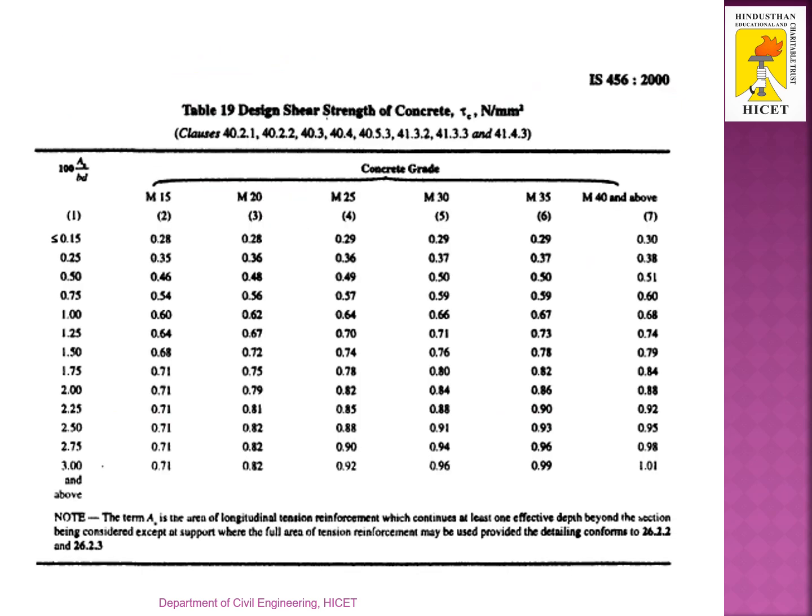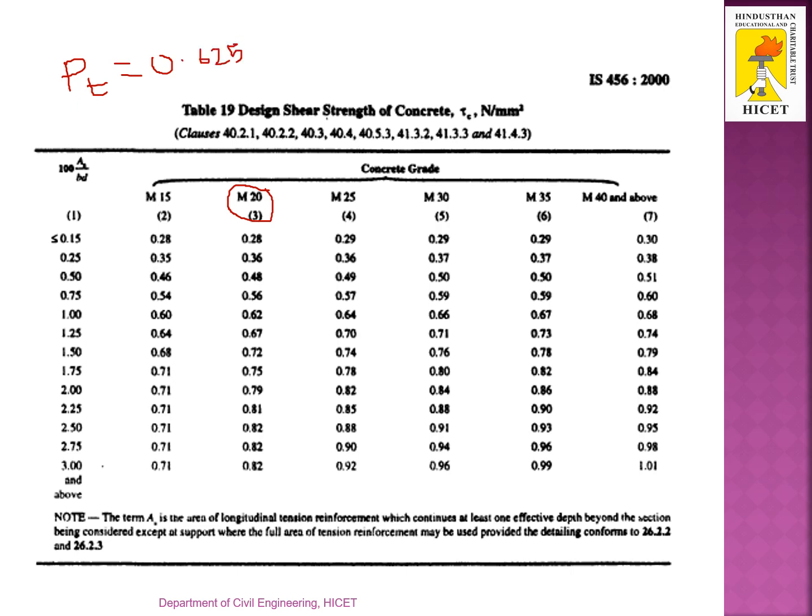Based on the value of the percentage of tension reinforcement P suffix T and the grade of concrete, our grade of concrete is M20. So our percentage of steel reinforcement is equal to 0.625, right?